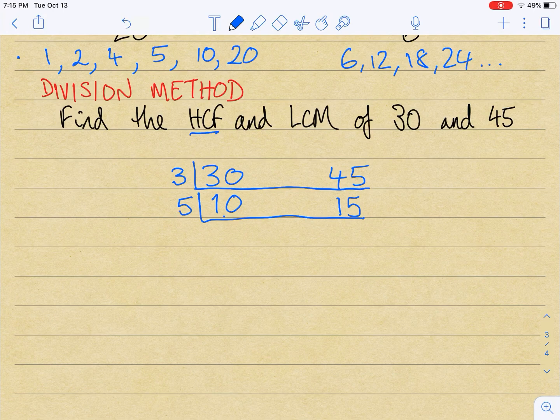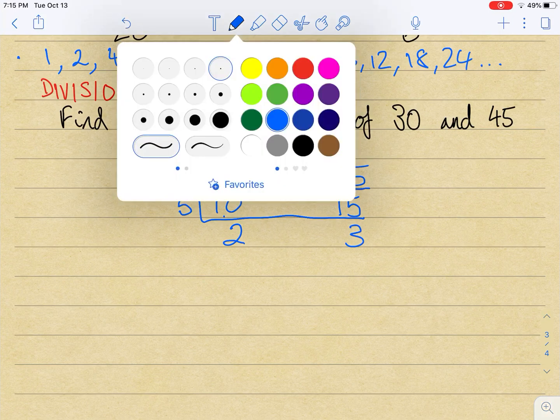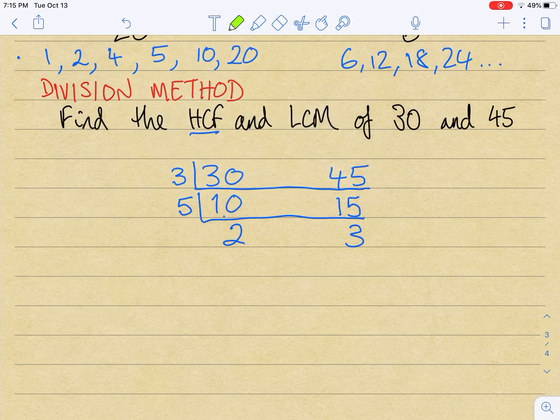So let's divide by 5. 5's into 10 go 2. 5's into 15 go 3. What I do now, to find the highest common factor, I multiply these 2 common factors. So 3 times 5 gives me the highest common factor. So 15 is the highest common factor.